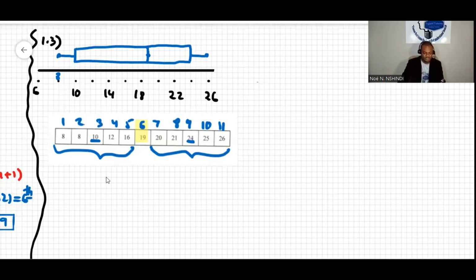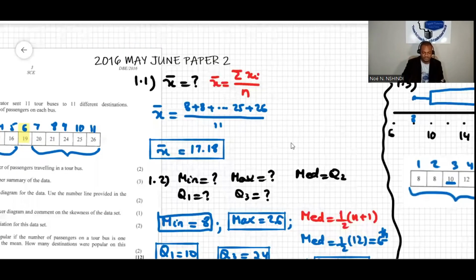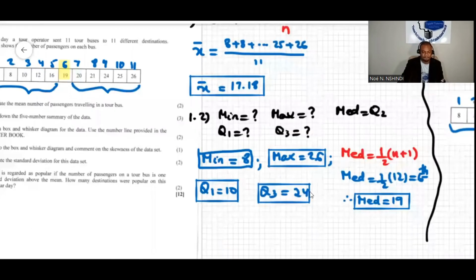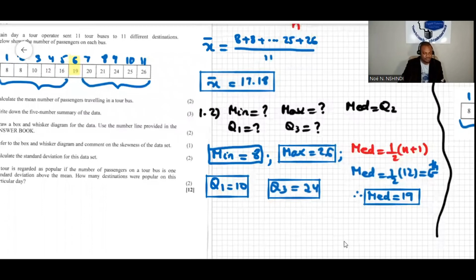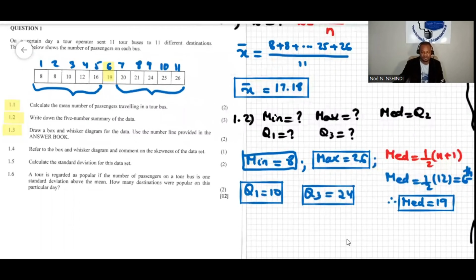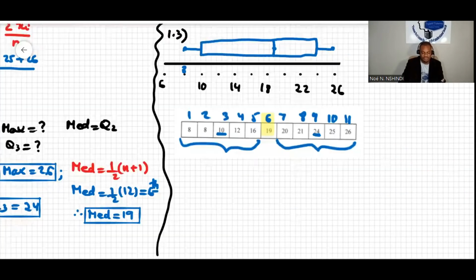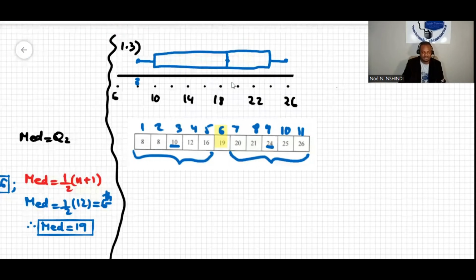Now the following question, question 1.4, says refer to the box and whisker diagram and comment on the skewness of the data set. All right, now let's look at the box that we drew here.